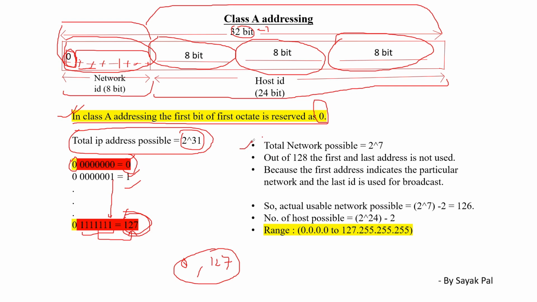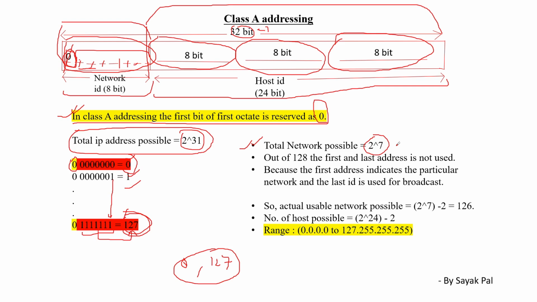And how many total networks are possible? The first octet is for network ID. You eliminate this 0 because it is reserved, so 7 bits are available, and 2 to the power 7 network IDs are available.